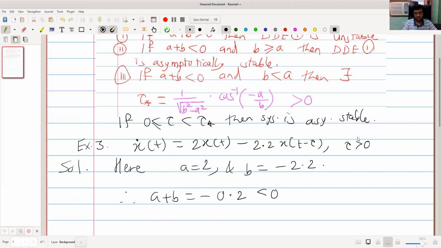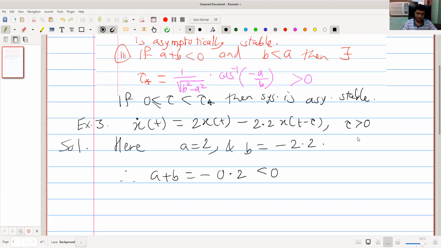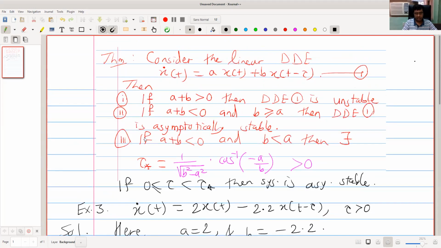Now we check the relation between a and b. b is minus 2.2, a is 2, so b is less than a. Therefore we are in the third condition.